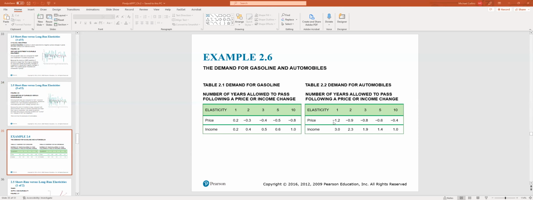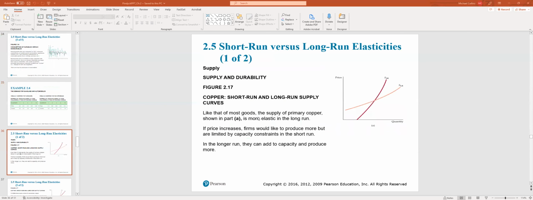At least compared to gas. The other phenomenon you see here is that elasticity increases in gasoline the longer the time horizon. Why? Because again, you can switch from gas to electric or some other future vehicle over that time horizon.